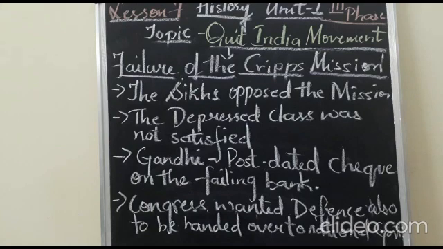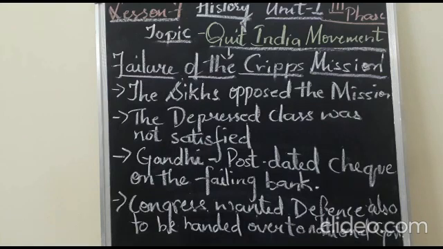So let's take a quick recap of all that we have learned. The Cripps mission did not bring the promise of independence in the near future. The plan involved partition of the country. The League opposed because they did not want the creation of a single union. The Hindu Mahasabha and the liberals were also not happy because they wanted to see a united India.